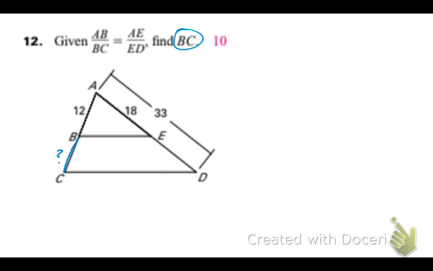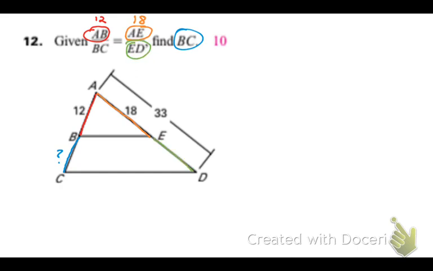But they're telling us that AB is equal to 12, AE is equal to 18, and we need to know what ED is.